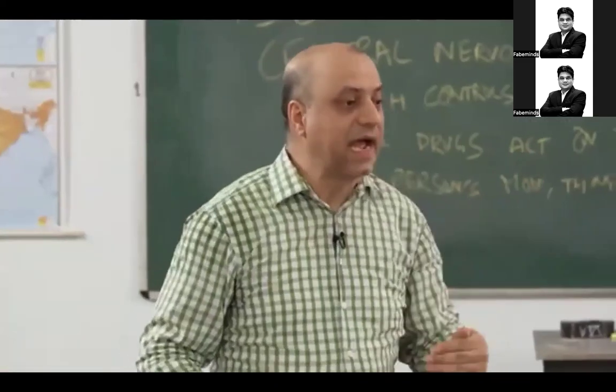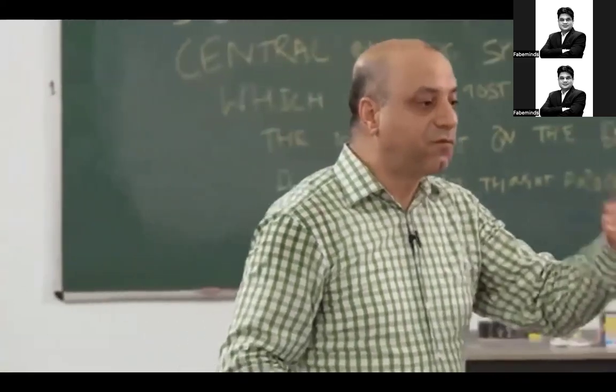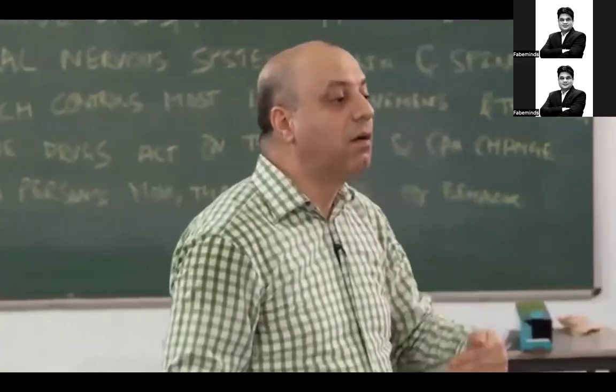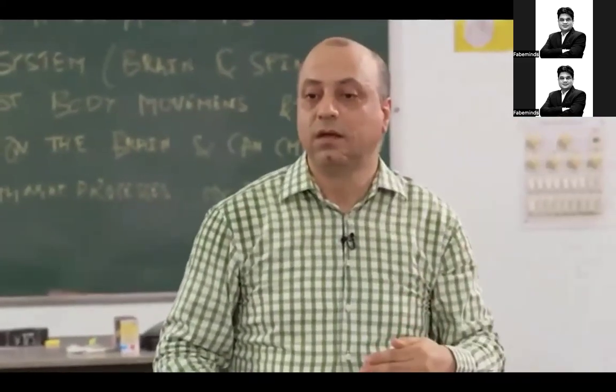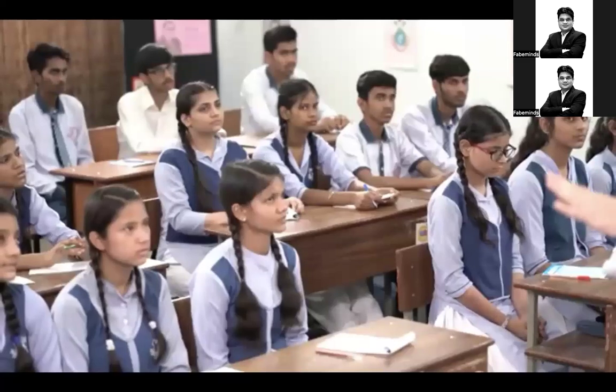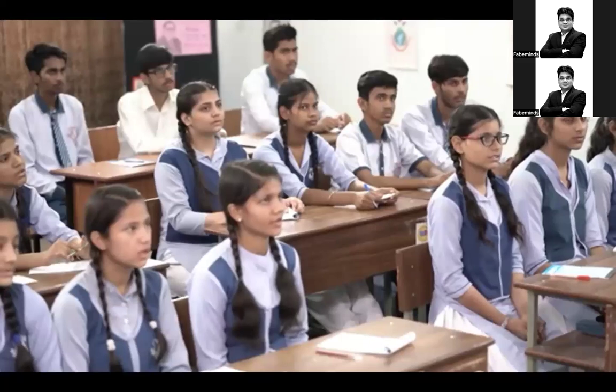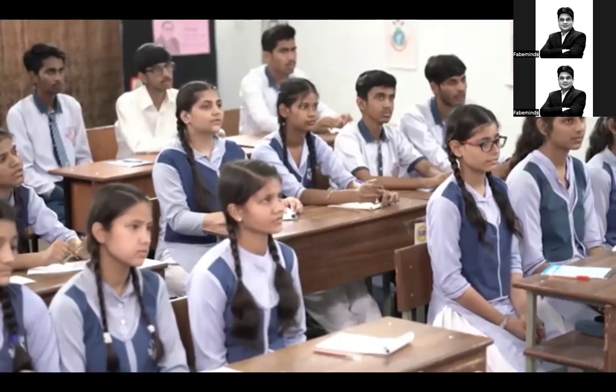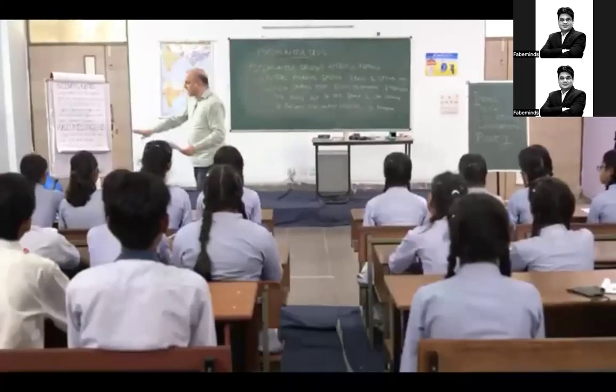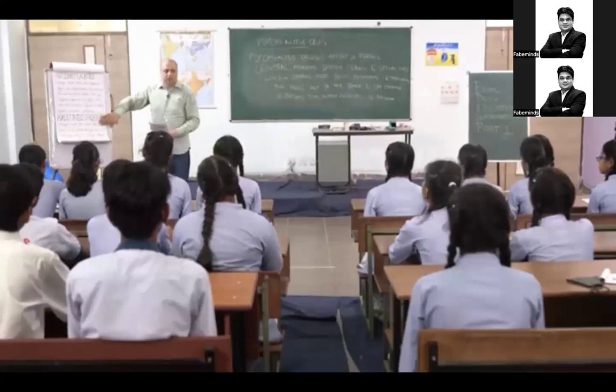There are a lot of types of drugs with different names which may come in any of those categories, but they are not types of drugs. We are talking about categories of psychoactive drugs. The last, third one is hallucinogens.